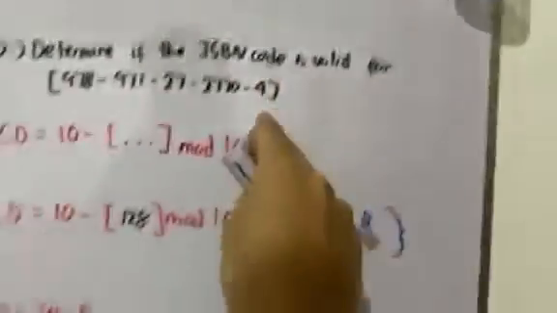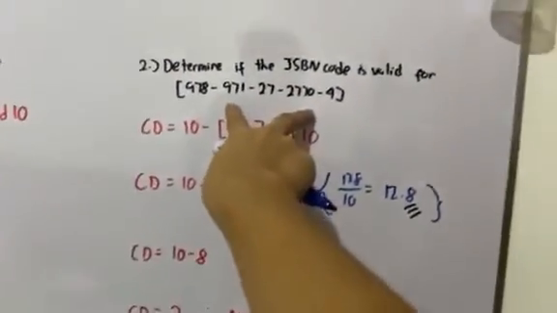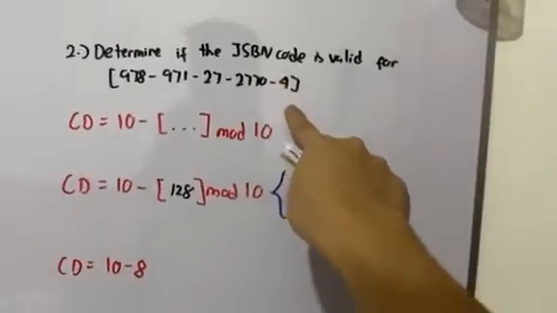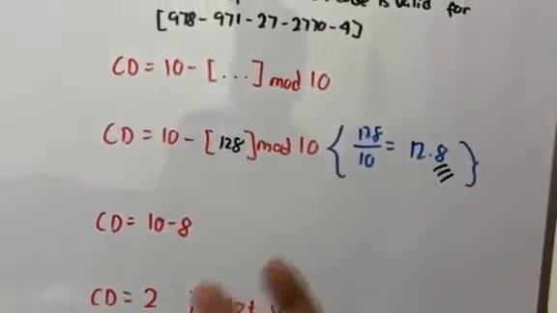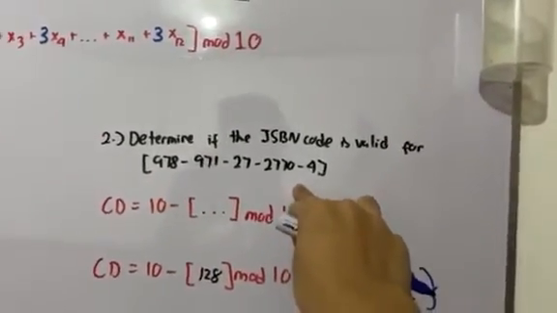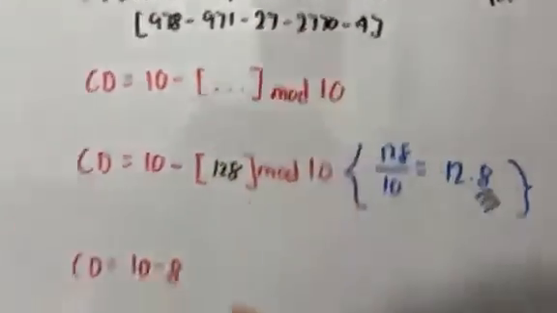If they don't match, then that means it's not valid. This ISBN code is not valid because its check digit is different from what we calculated the check digit should be based on the first 12 digits. So we conclude that this code is invalid.